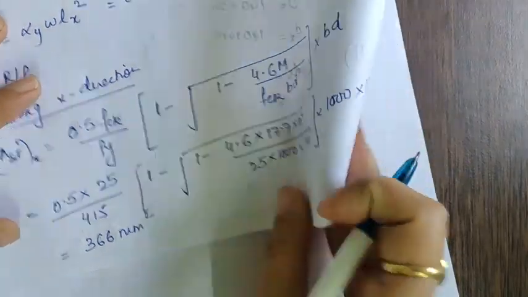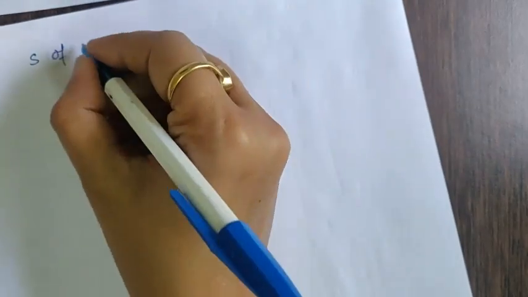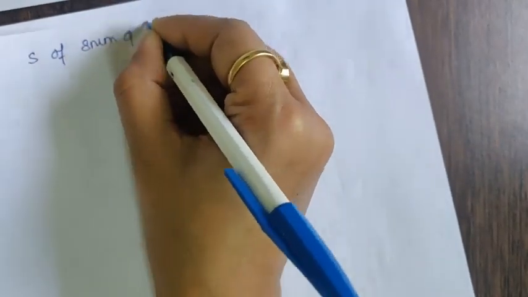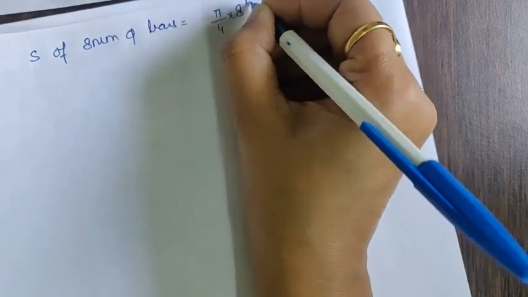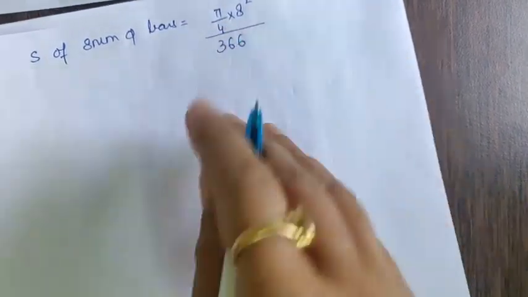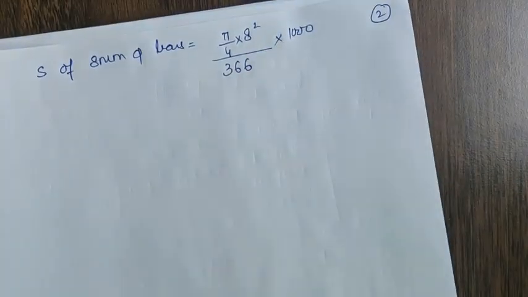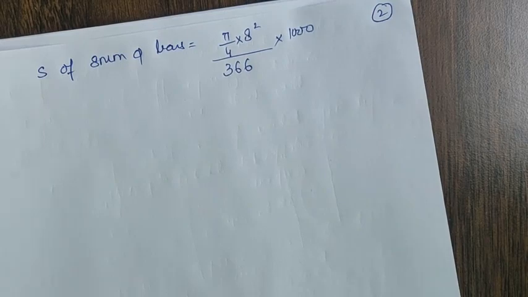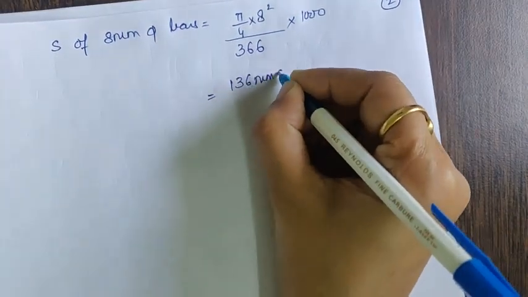Let us say we are using 8 mm dia bars. So spacing of 8 mm dia bars, area of one bar is pi by 4 into 8 square, area to be provided is 366, spacing for 1000. So this is coming out to be 136 millimeter center to center.